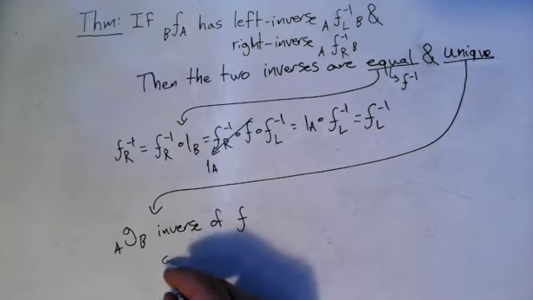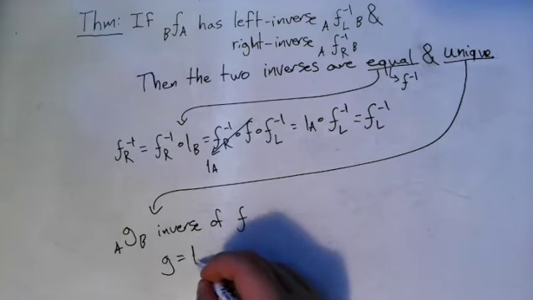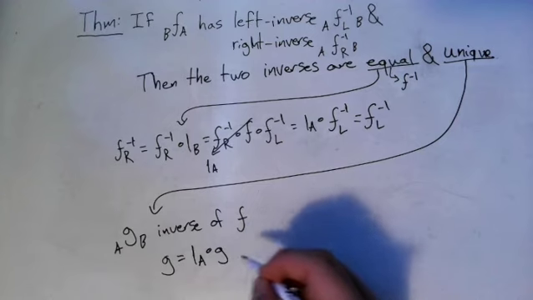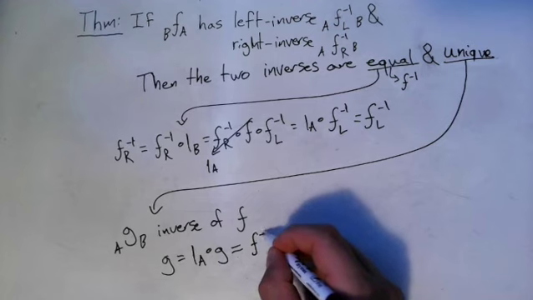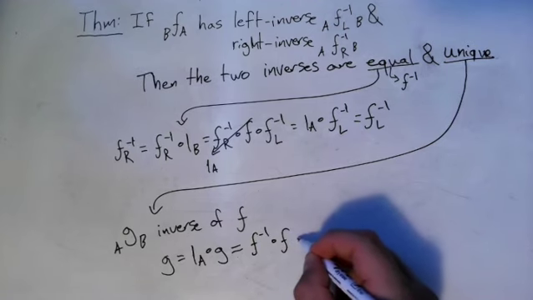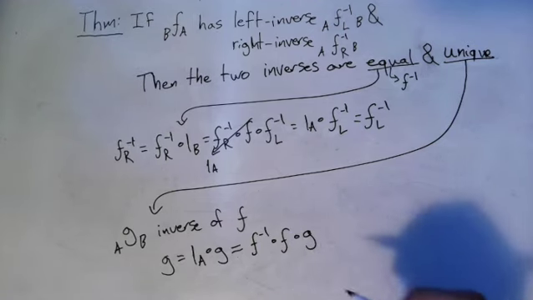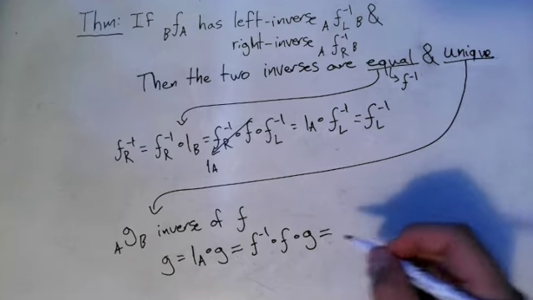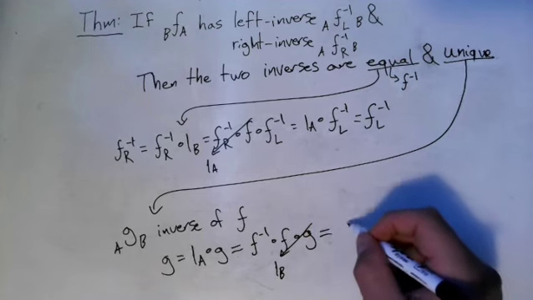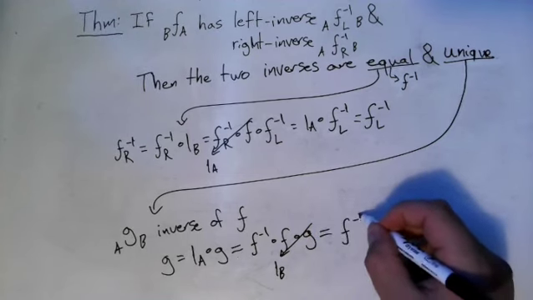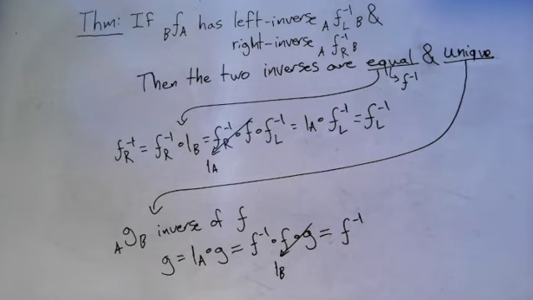Well then, g would be equal to 1_A composed with g, as always, but then the 1_A we could expand to be f inverse after f after g, but then the f and the g would cancel and give us 1_B, so we would have f inverse. So here we see that the two inverses would be equal, and that means that the inverse for any f must be unique.